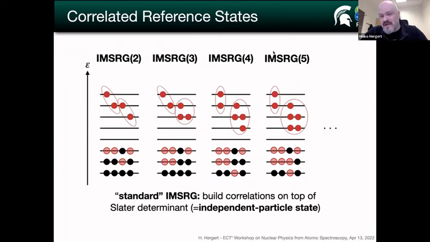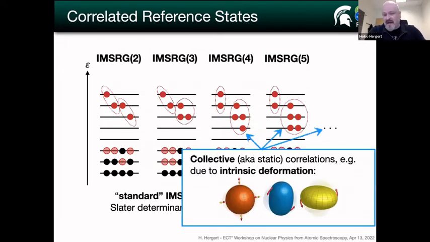And then you would really need to include, let's say, up to 5-body operators, which would raise the exponent, I think, to 15. So n to the 15 scaling is not great. We want to avoid that. And the nice thing about the IMSRG framework is that it actually gives us a means of doing that.